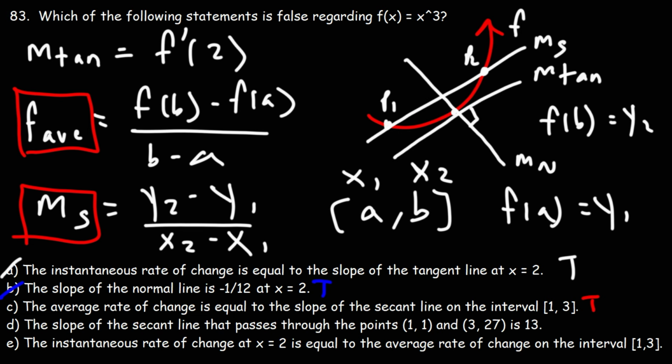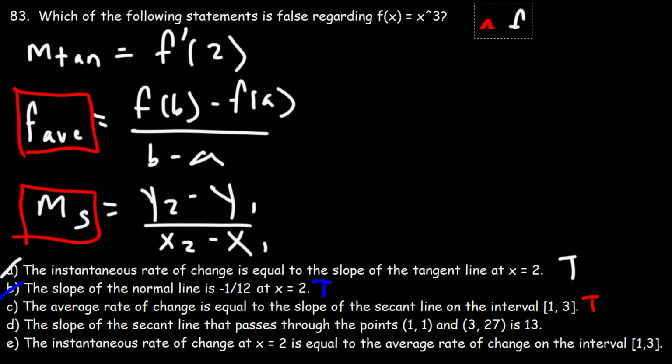Now looking at answer choice D, the slope of the secant line that passes through the points (1, 1) and (3, 27) is 13. So we have the interval 1, 3. This is a, this is b. These are x values.